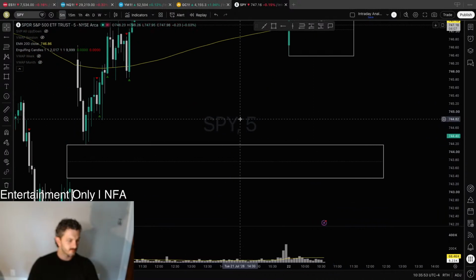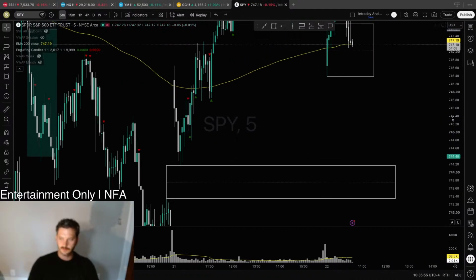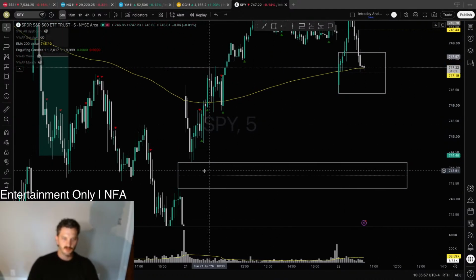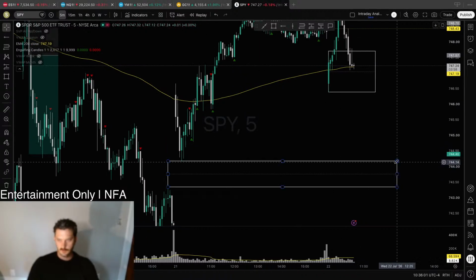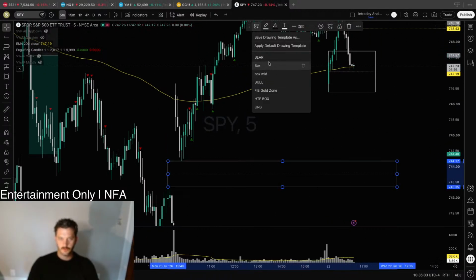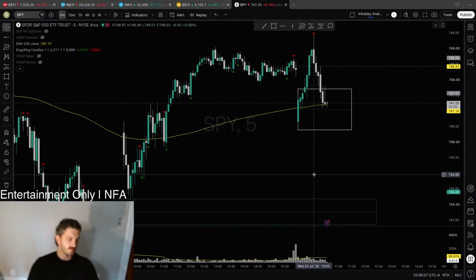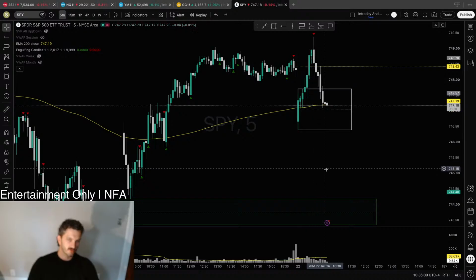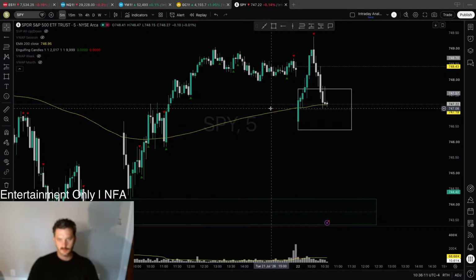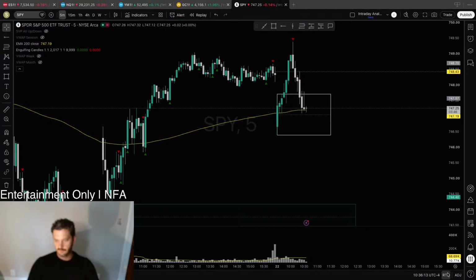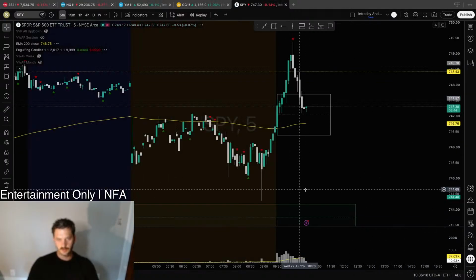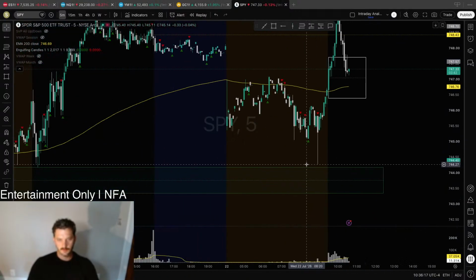Target area, if anyone's trading SPY options, if we do sell off. Potential target if this thing wants to sell, taking shorts to overnight lows. I do not have overnight extended trading hours, but that's right where that gap is.